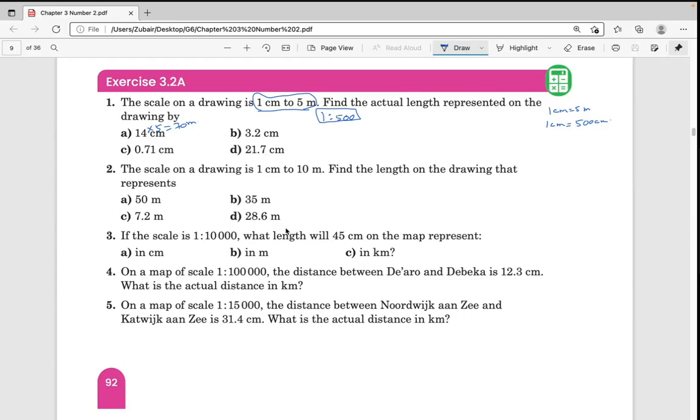Any doubt in question number 1? No, sir. Try number 2. 2A.